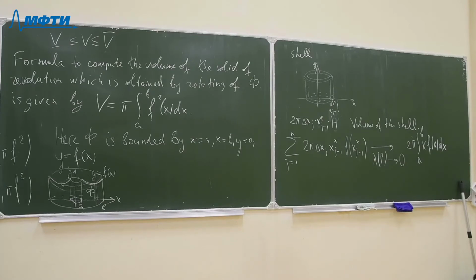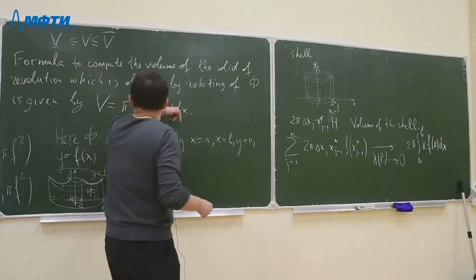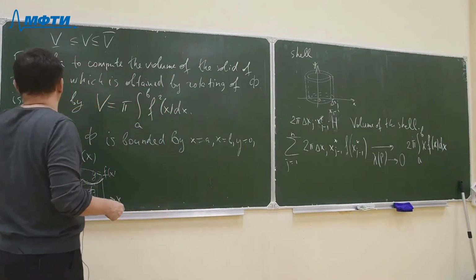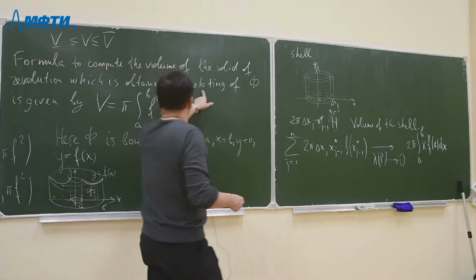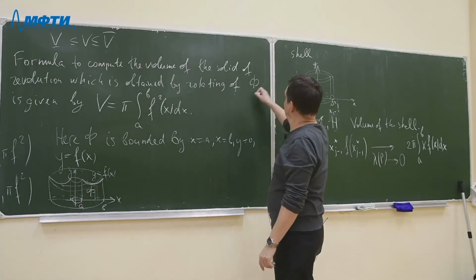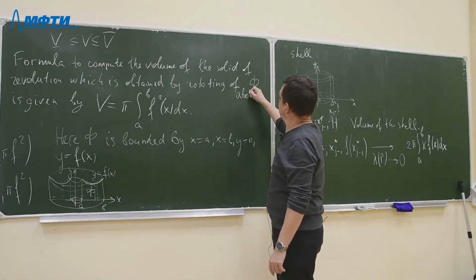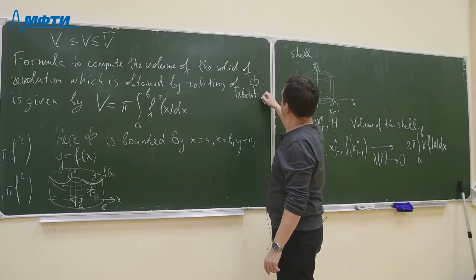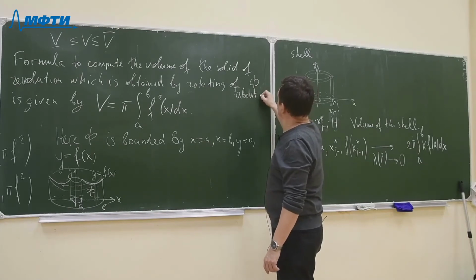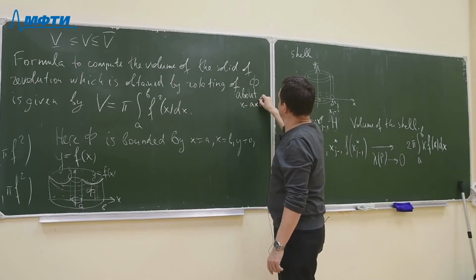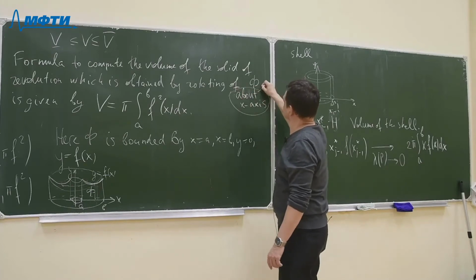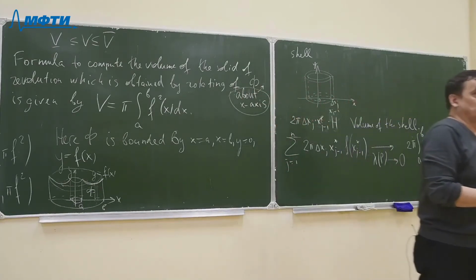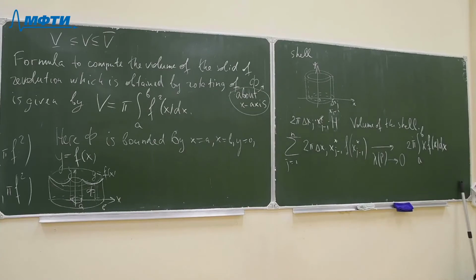So that is the formula for rotating phi about the x-axis. I forgot to write here rotating phi about the x-axis, that is important here. So we rotate about the x-axis.